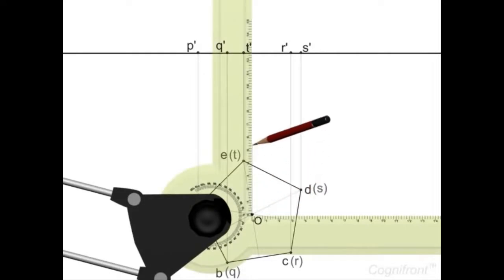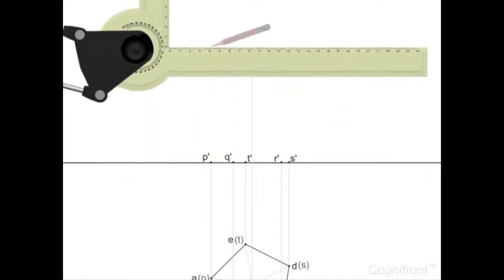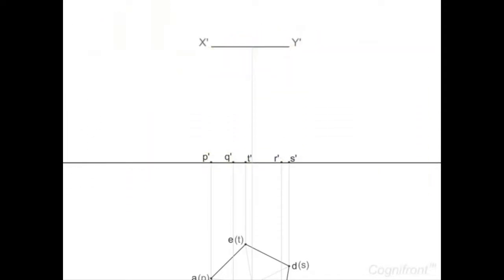Now, extend projector from the center O long enough to be able to represent 120 mm height of the prism. Then draw line X dash Y dash parallel to XY at a distance of 120 mm.